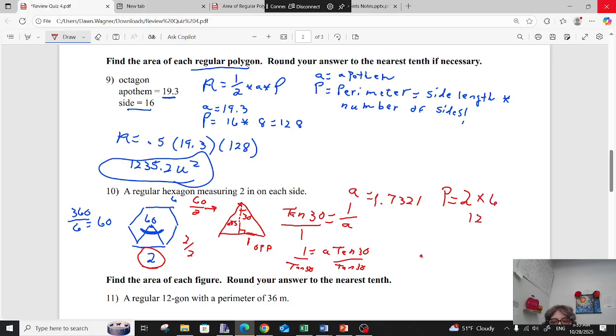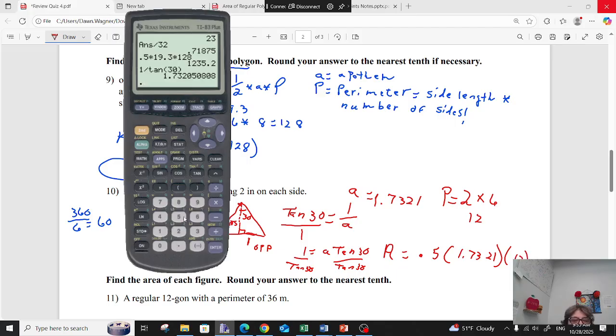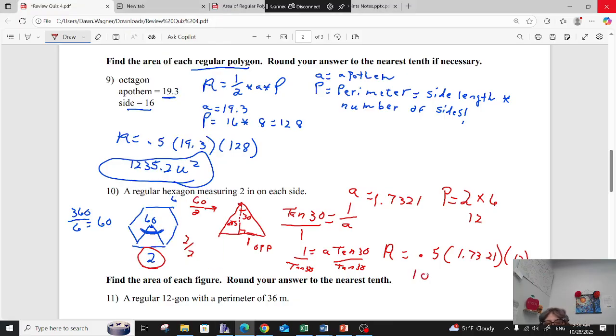So the area equals 0.5 times 1.7321 times 12. 0.5 times 1.7321 times 12. And what do I get? 10.4. Now I can round.